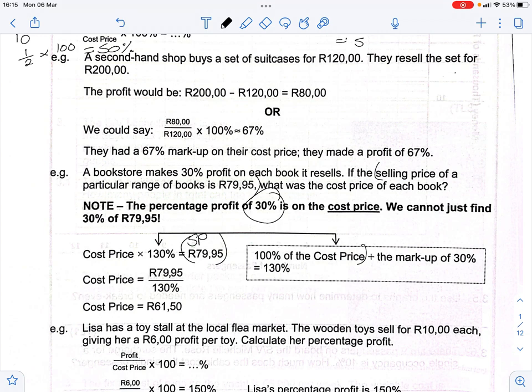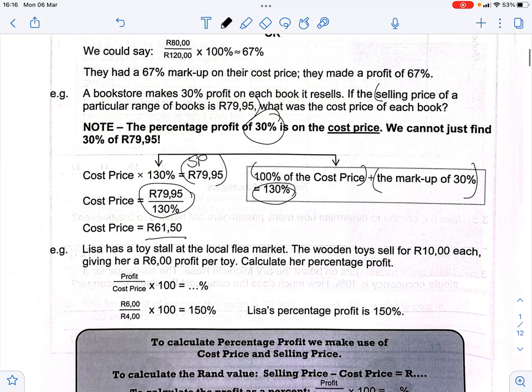So we've taken 100% of the cost price plus the 30% markup that we have, leaving us with 130%. If we put it into this formula, obviously we need to isolate the cost price. So we divide your 79.95 by 130%, leaving us a cost price of 61 Rand 50.